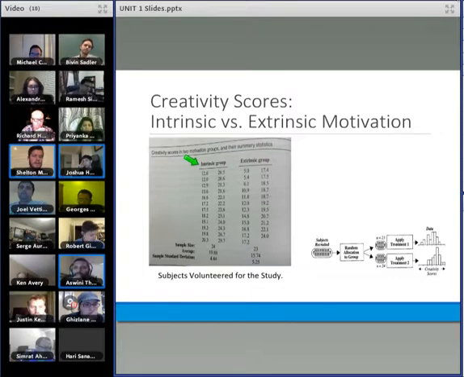Do we just take everything with a grain of salt and take the examples and questions as is, or do we need to constantly look for ways to poke holes in what they're doing?